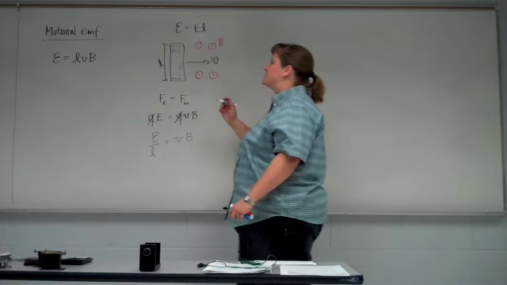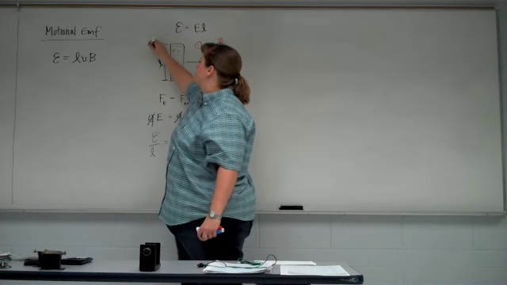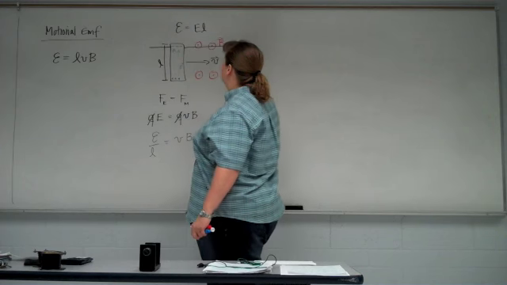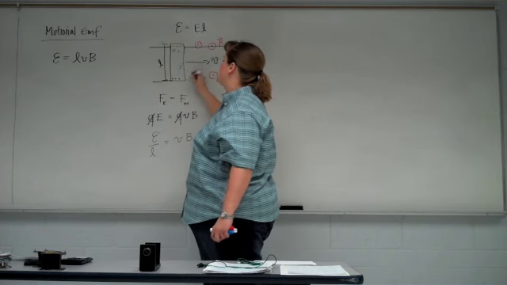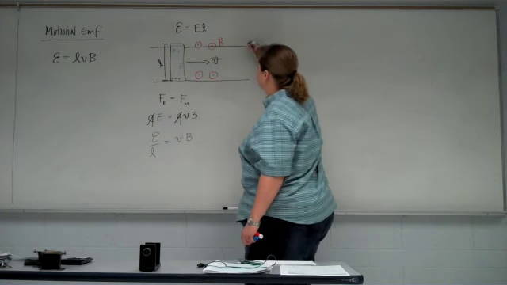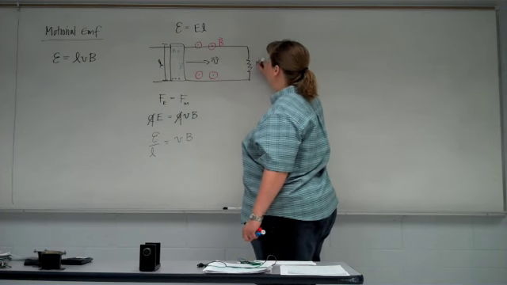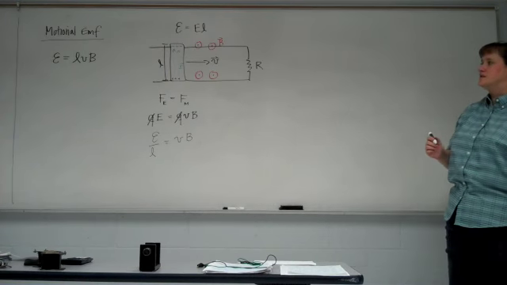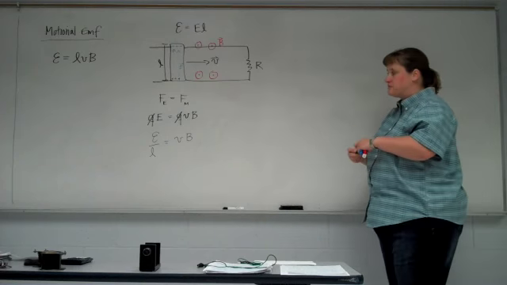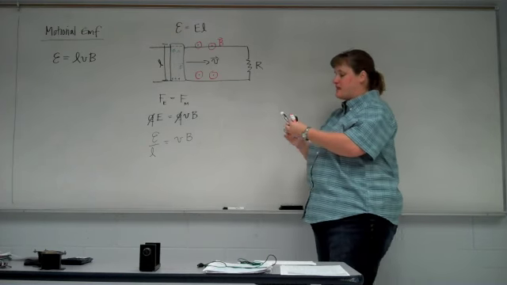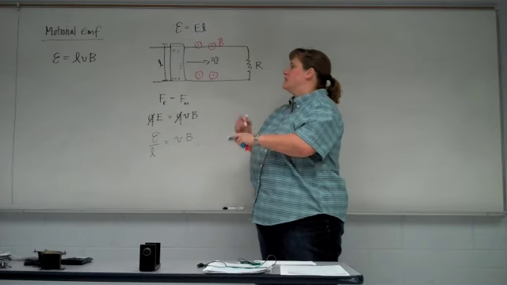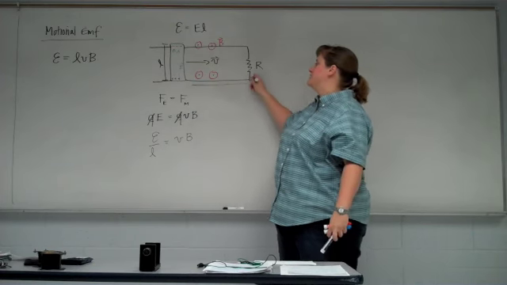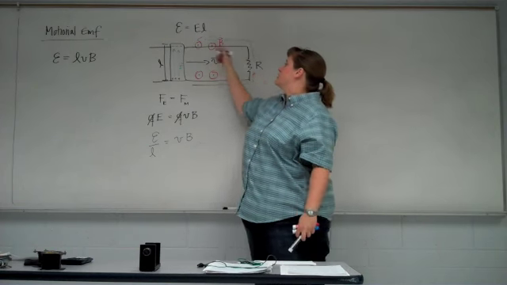If this conductor were on some sort of circuitry, for example, if I had a couple of wires that it was lying on, and it was connected across some sort of resistor, that potential difference would actually make current flow. Current will flow from high to low.